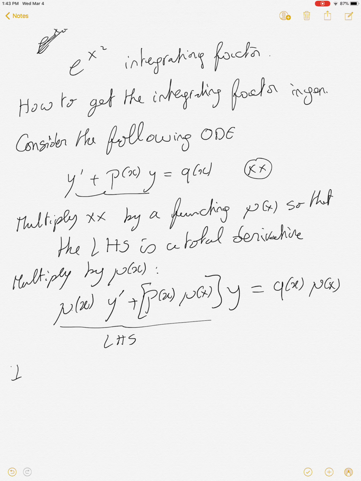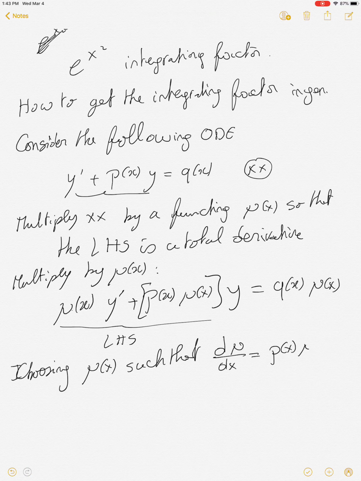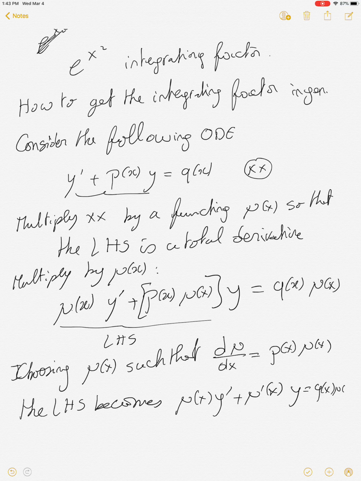So choosing mu(x) such that the derivative of mu with respect to x equals p(x) mu(x), the left-hand side becomes mu(x) y prime plus mu prime(x) y equal q(x) mu(x). And now, in this case, this will be a total derivative. This will be the derivative of mu(x) y.